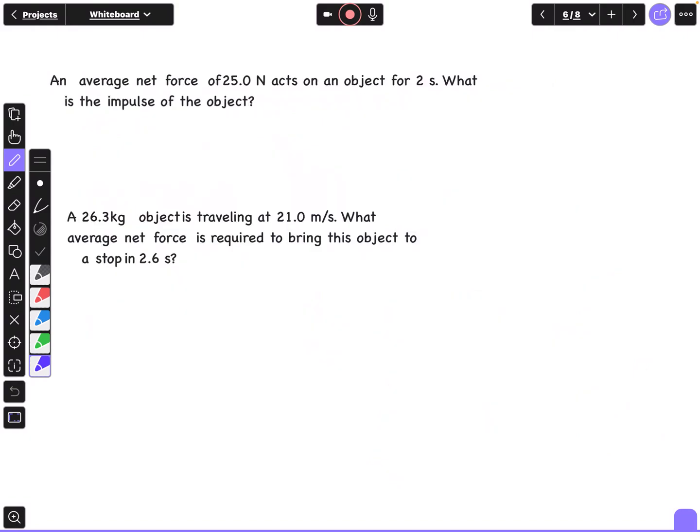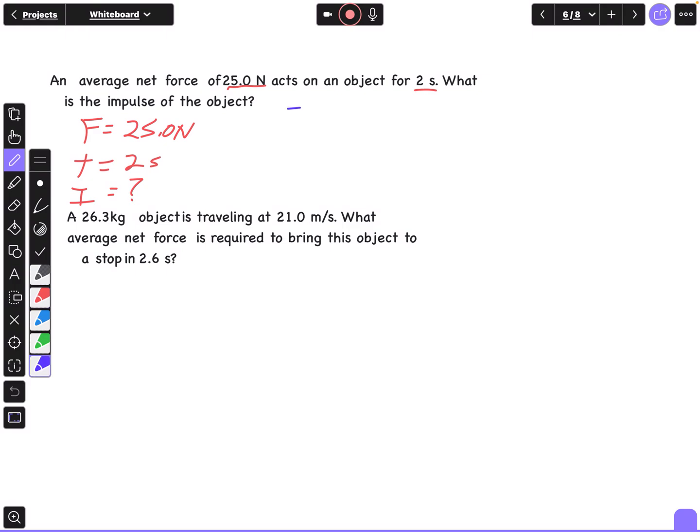Okay, next. If I have a problem that says an average net force of 25.0 newtons acts on the object for 2 seconds, what is the impulse of the object? So my equation for impulse, well, first the problem gives me a force, since it gives me something in newtons, 25.0 newtons, acts on the object for a time period of 2 seconds. What's the impulse?